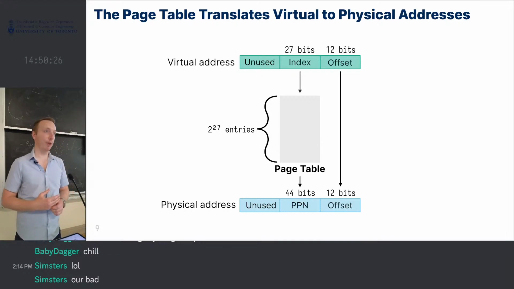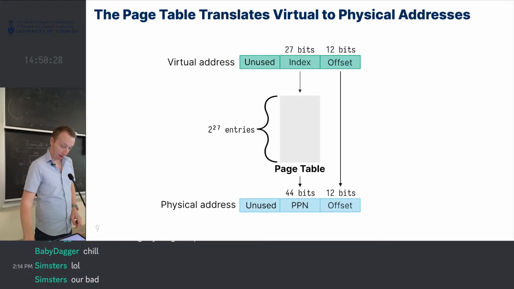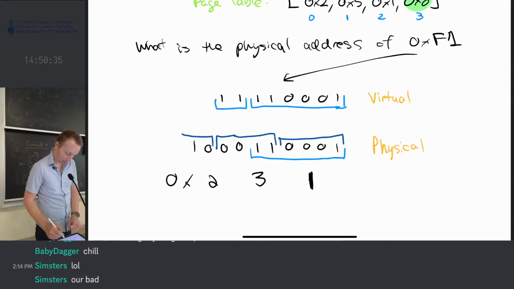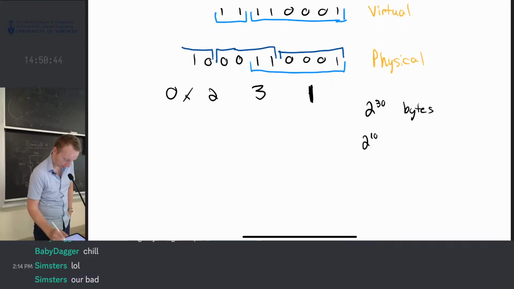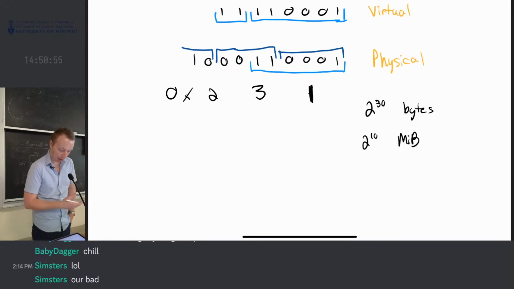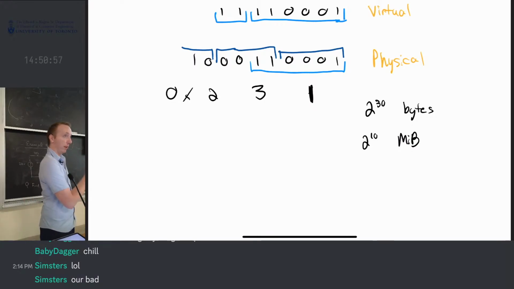So 2 to the 30 bytes, which, if we do our math, well, let's go back. 2 to the 30 bytes, that sounds kind of bad because of 2 to the 10, and you might notice that I write things like MiB. That means it's a special unit that means powers of 2. So if you see MiB, it will be 2 to the 10.